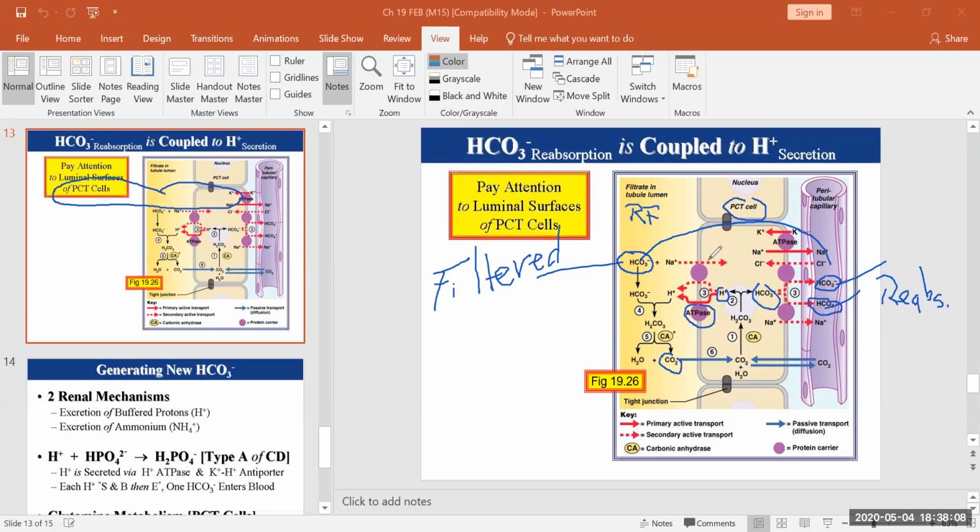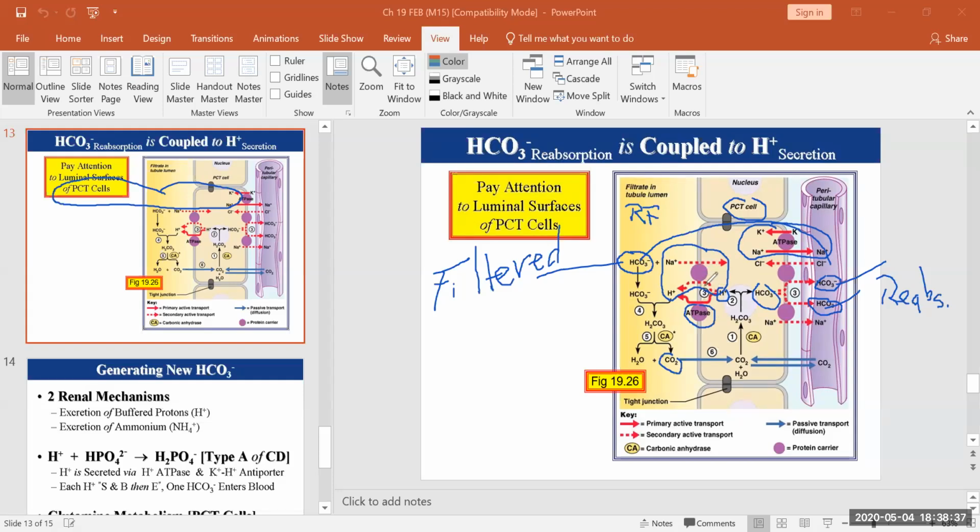There's another mechanism. This is the secondary active transport. Sodium gets in and proton gets out. The reason why sodium gets in is because of the sodium potassium ATPase. That mechanism we learned already. So this sodium potassium ATPase creates a concentration gradient of sodium, allowing sodium to get in and kicking out proton.